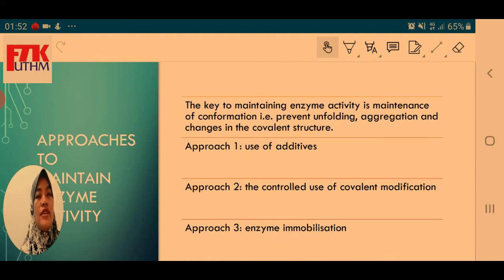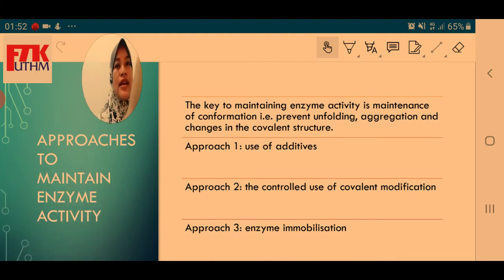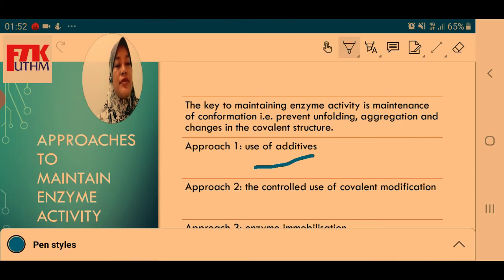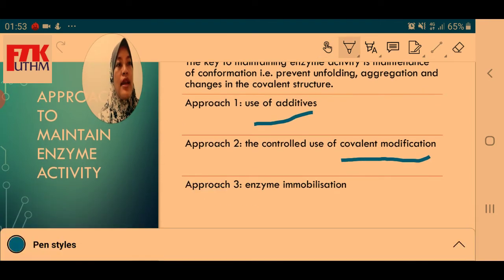So what are the approaches to maintain the enzyme activity? There are three approaches here. One is by additives, covalent modification, as well as enzyme immobilization. For enzyme immobilization, I can see that this has been covered extensively in fermentation subject.